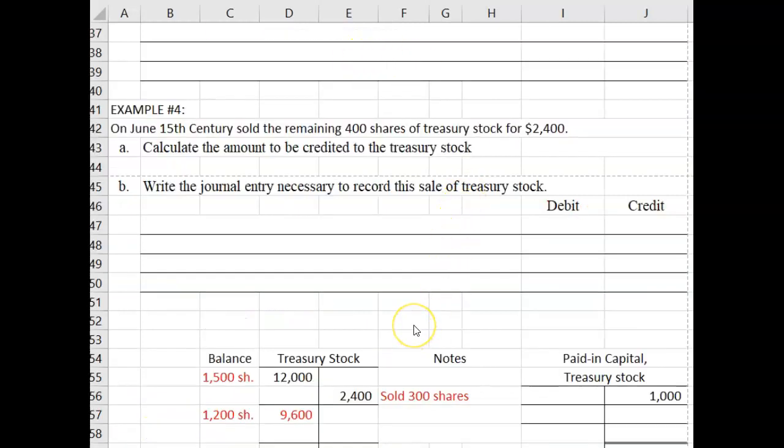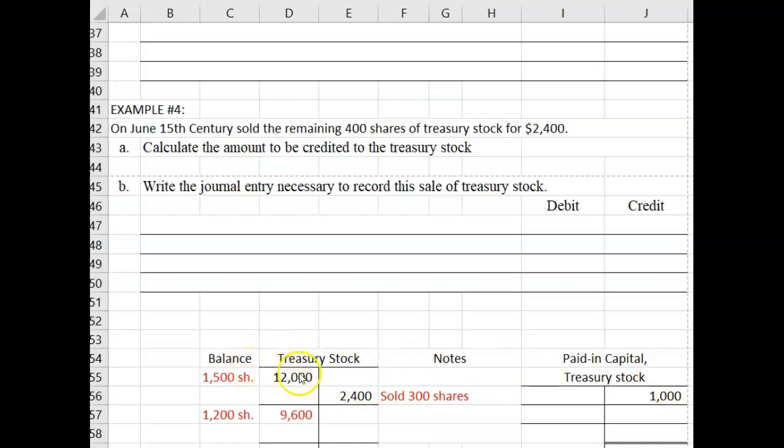So I just paged down to the very bottom of this worksheet, and I wrote up a T account for treasury stock and another T account for paid-in capital treasury stock. And then I went ahead and posted the debits and credits that we've had so far in these accounts.